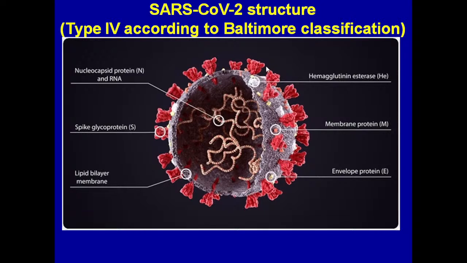This is hemagglutinin esterase. This is a transmembrane protein. Then it is lined from inside with membrane protein and also has envelope protein. But the major one is the spike protein that is exposed to the environment. Then we see it in a red color, inserted into the lipid bilayer. Inside we may have nucleocapsid protein and RNA.